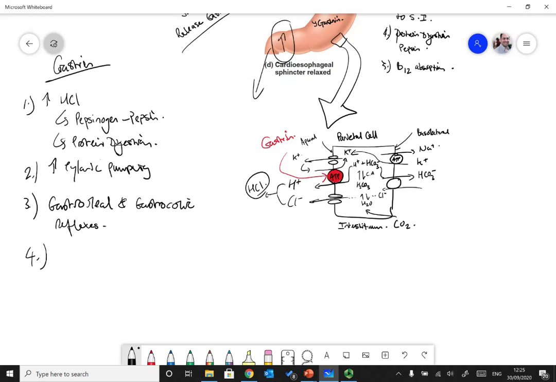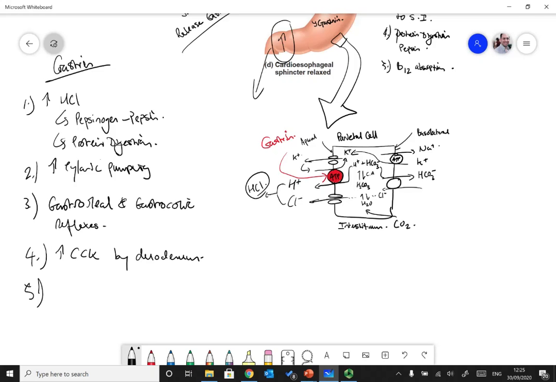It will also cause the release of cholecystokinin by the duodenum. And we'll have a little look at what CCK does when we actually get into the duodenum. Oh, look at this, it's doing other things in the other parts of the gastrointestinal tract too.